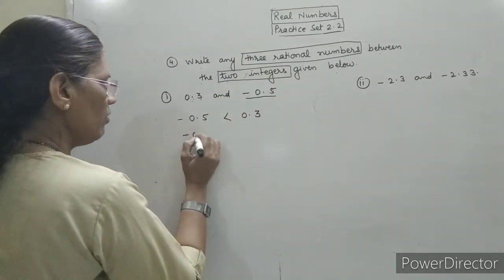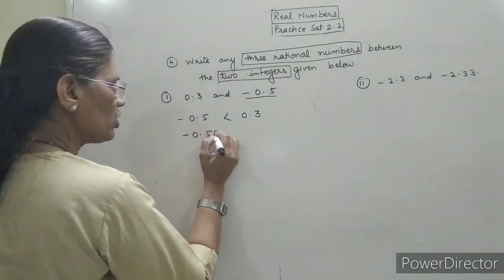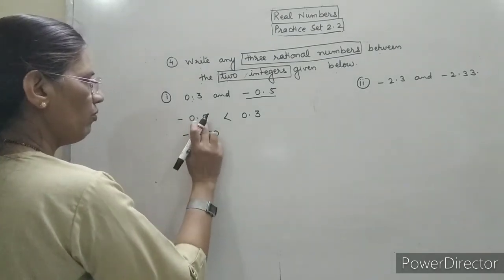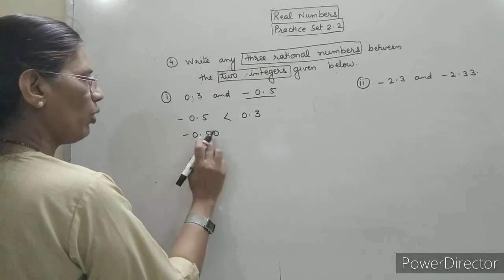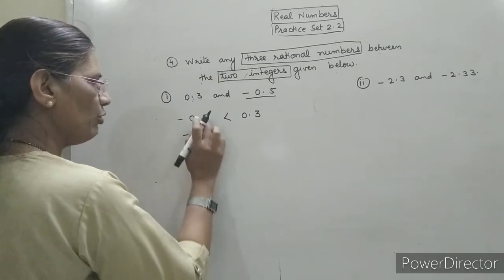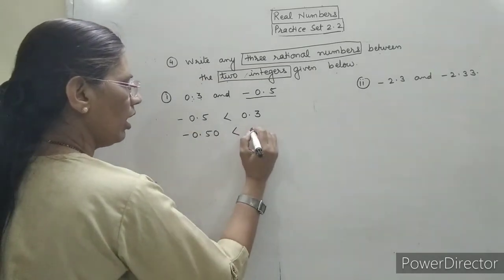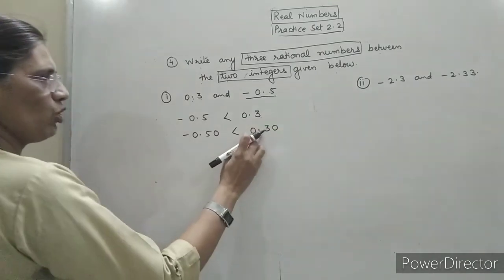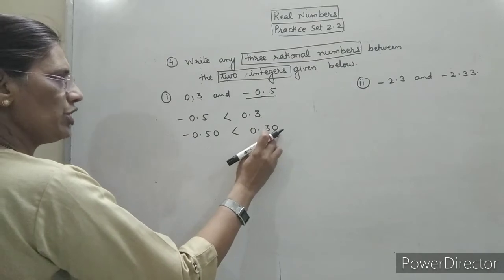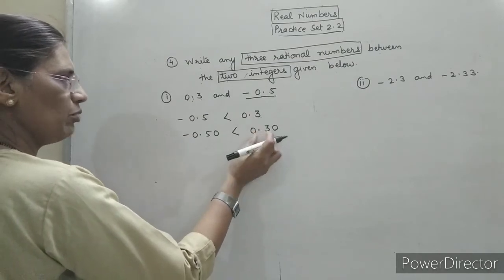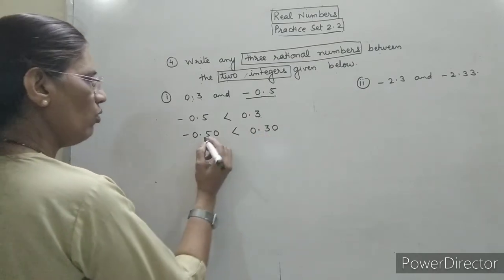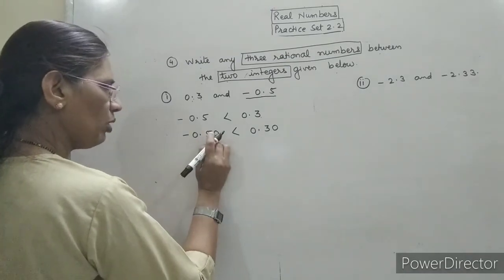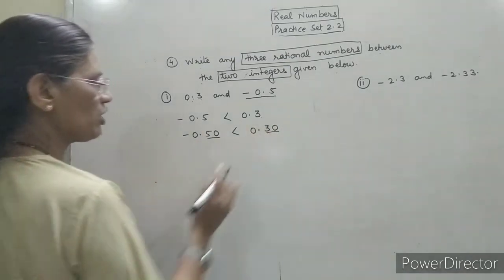So, if I write negative 0.5 as negative 0.50, it makes no difference. The value remains the same. And again, I will write this as 0.30. This 0 makes no difference. This is nothing but 0.3. Now we have 2 digits after the decimal point here, and here also 2 digits after the decimal point.